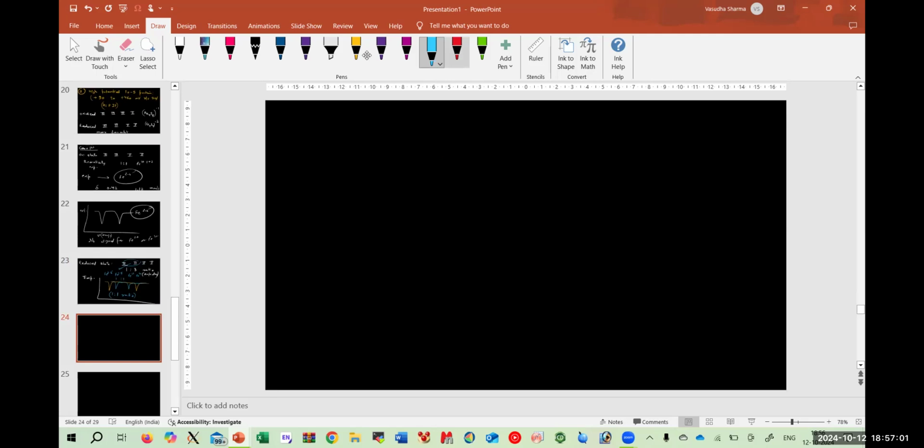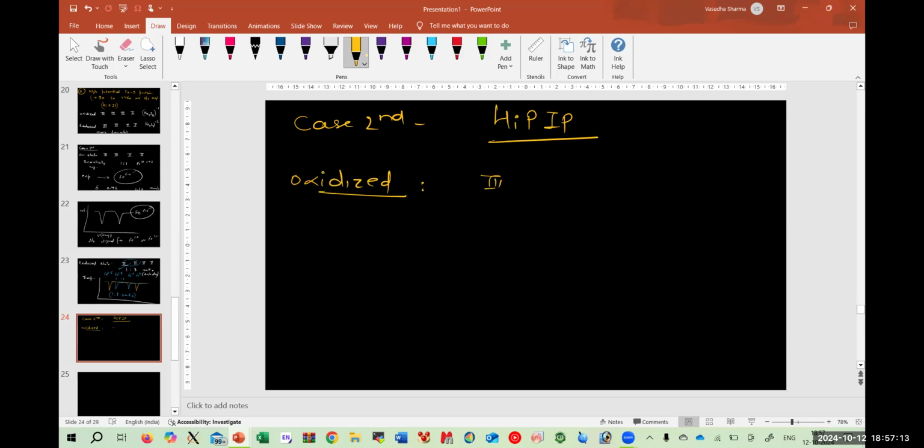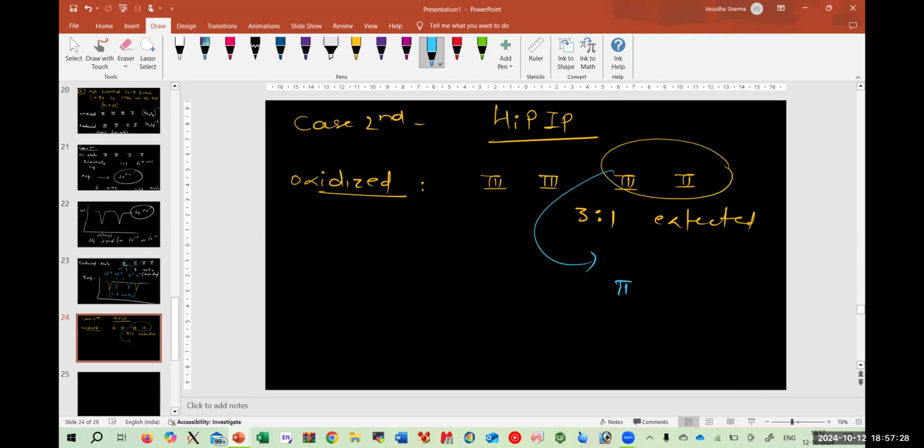In case 2, which we called HiPIP, here also in the oxidized state we have three iron centers in Fe3+, so it is expected to be 3:1. But two centers go to 2.5, 2.5, and the other two are 3 and 3. So this is a 1:1 ratio, which is experimentally observed.